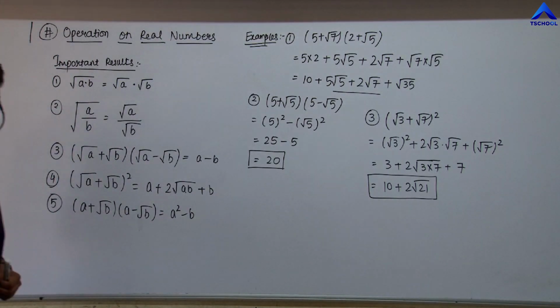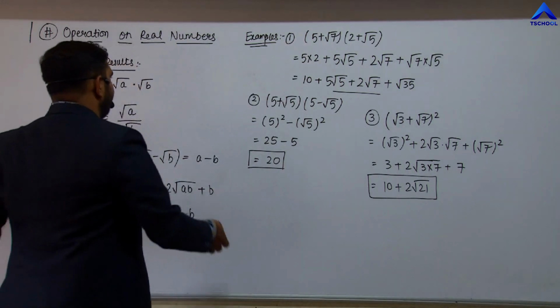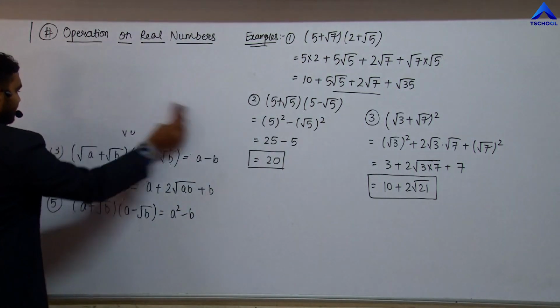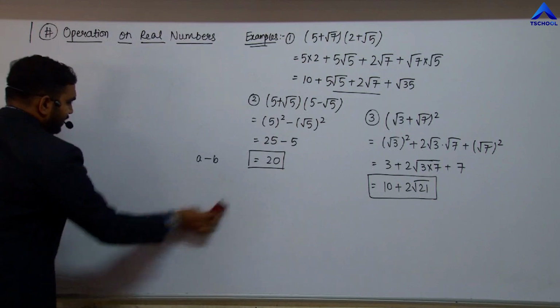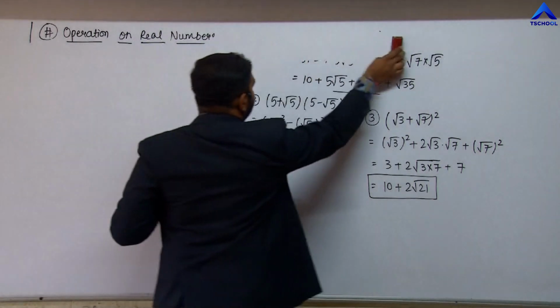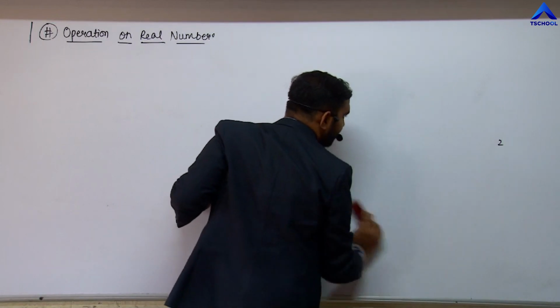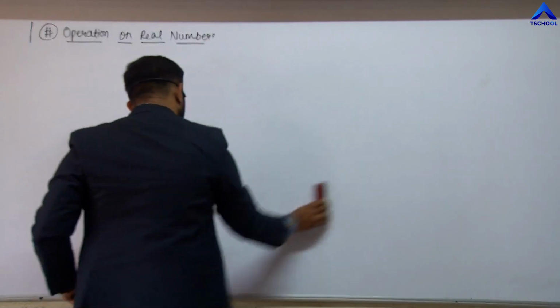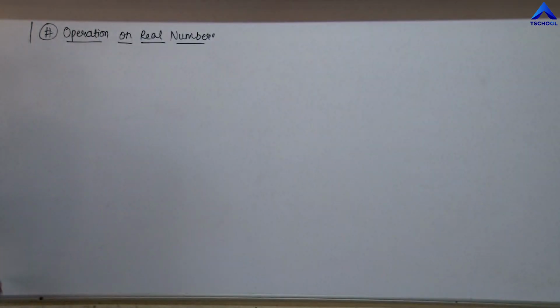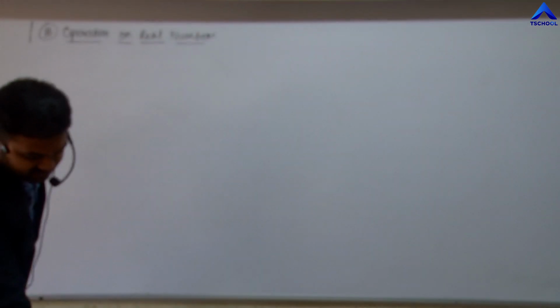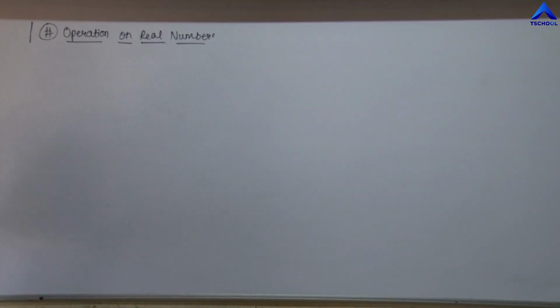Now let us solve some more examples based on these results. I think you might have written these results, and if you have not, you can copy them from the textbook. The textbook gives you all the sums that we practice here, but sometimes the sums that we practice here are not solved.